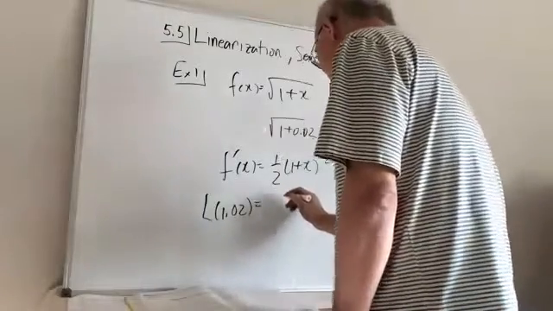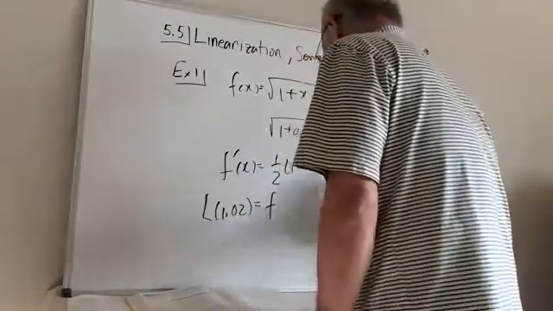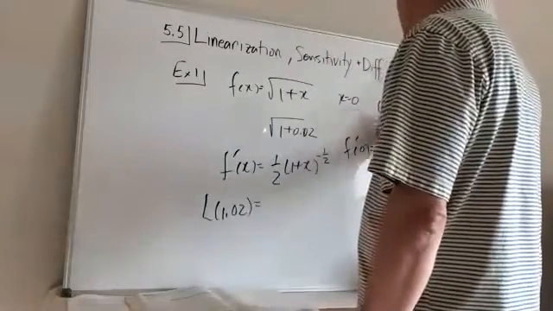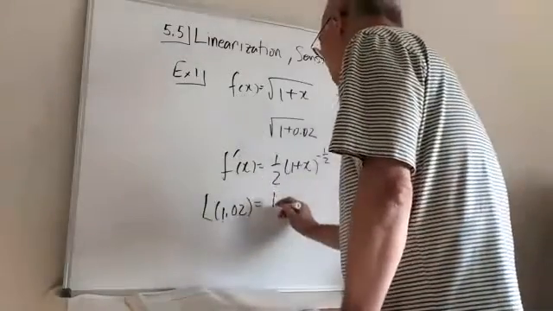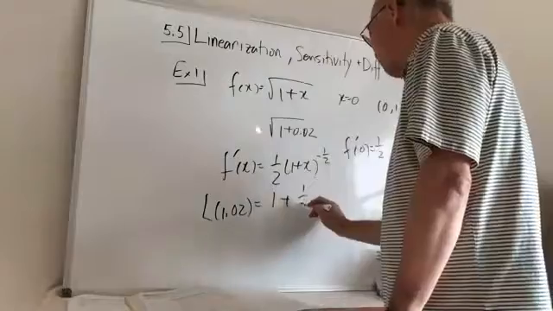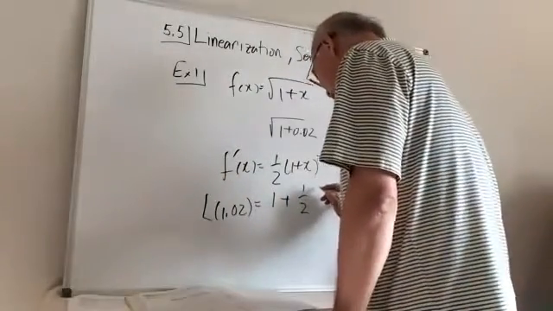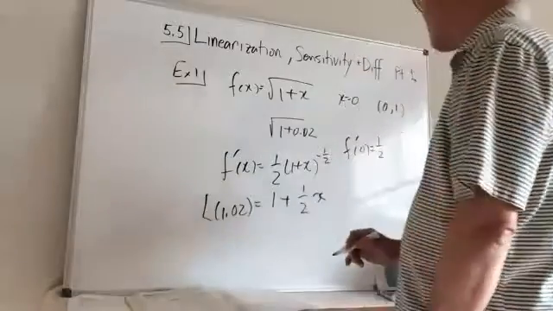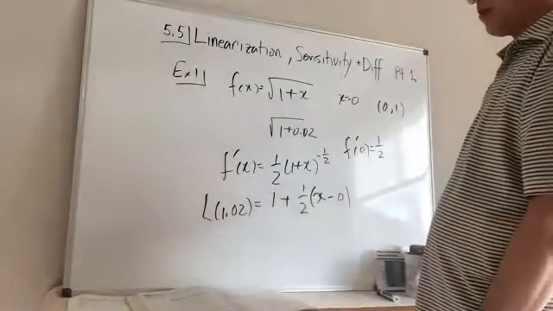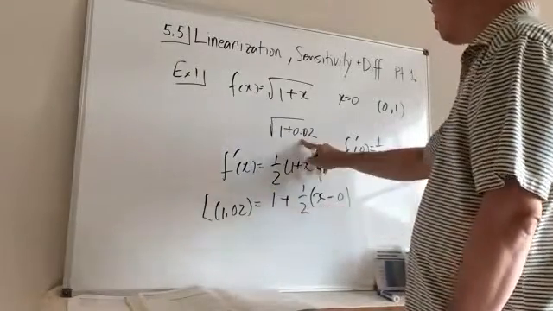I'm going to get f of 0, which is equal to 1, plus f prime at 0, which is 1/2, times x minus 0, really. But x is equal to what here? What are we looking at? x is equal to 0.02.